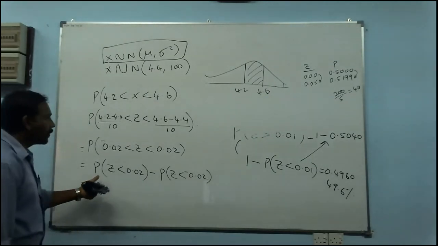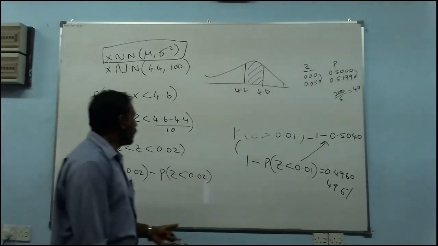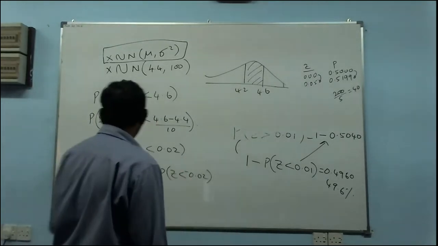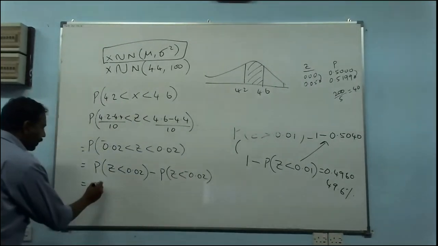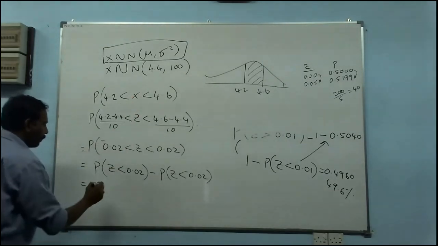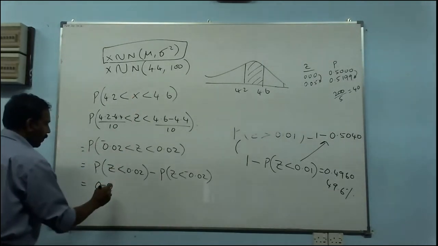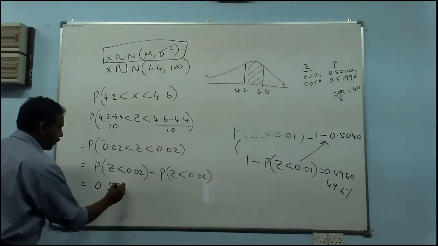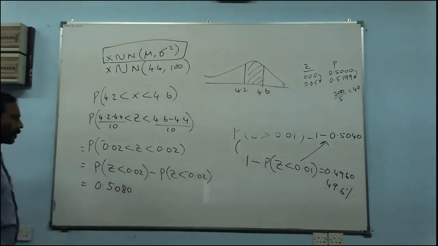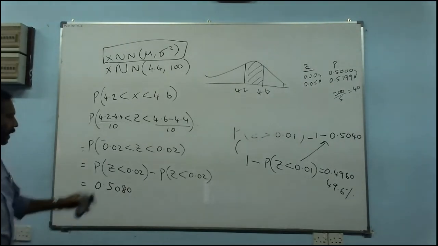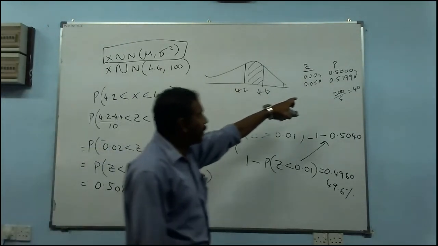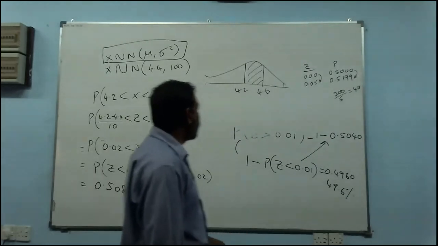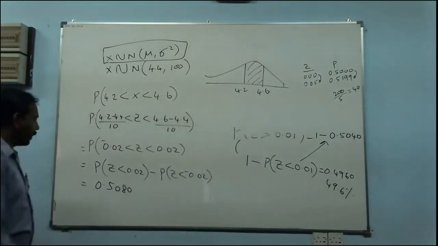Probability of Z is not 0.02, right? 0.02 is, we can say, 0.0. It is an in-between value, but I have given the weightage, so we can say it is a value between that, right?